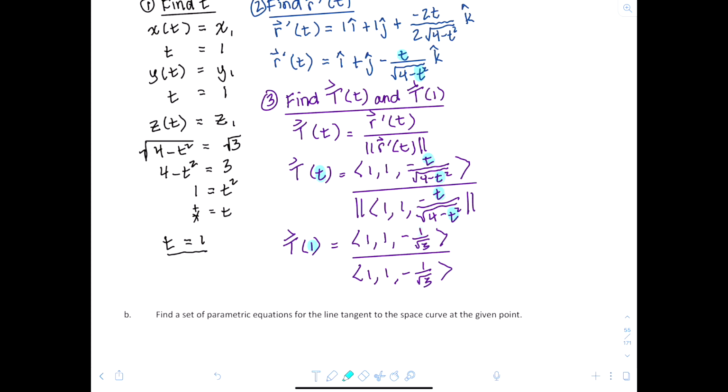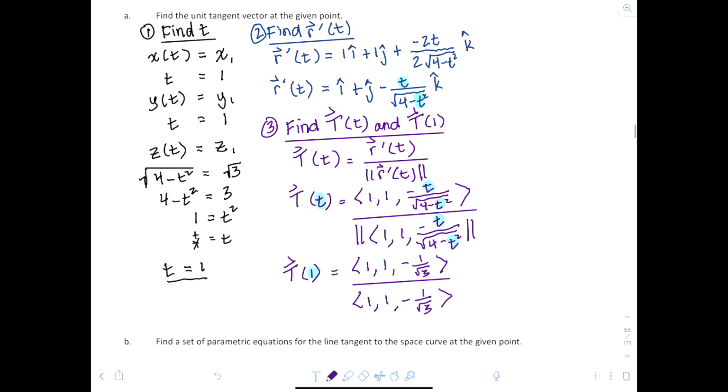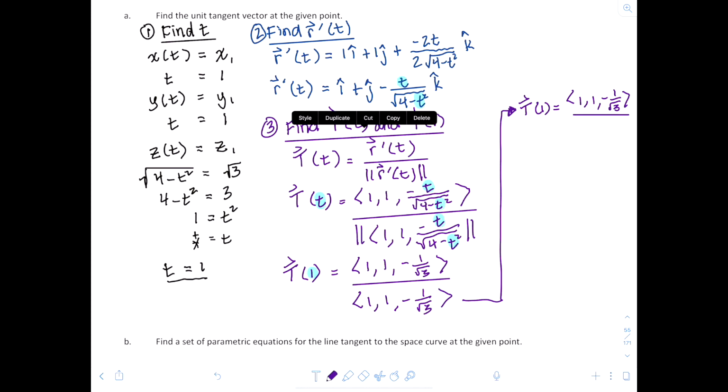Well, I did it in my head on that one. All right, so anyway, continuing, T at 1 will equal 1, negative 1 over root 3, over, let's see, the square root of 1 squared plus 1 squared plus 1/3.